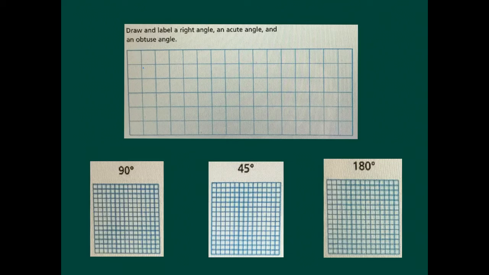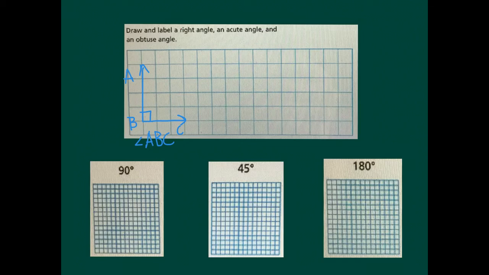So I'll start by using the lines to help guide me. So in this case, I have a perfect 90-degree angle. I'll label this A, B as the vertex, and C. So the label for this one would be angle ABC, or I could label it CBA.